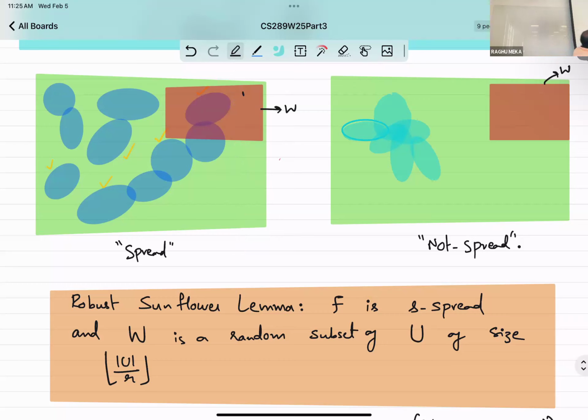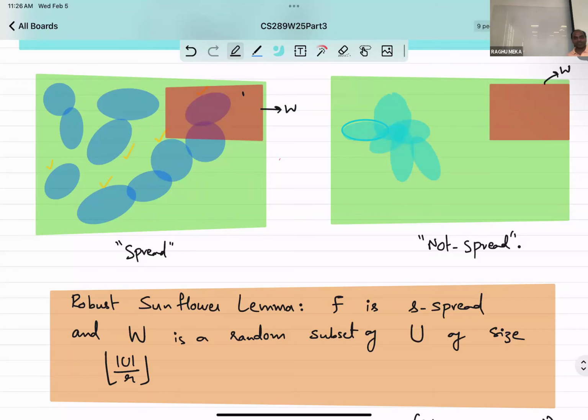Instead, in the spread case, if I take a random set, then there should be some chance that I actually hit one of these sets. But if all of the sets are very clustered, then I should be unlikely to hit a set in the family. Again, qualitatively, it makes sense. The fact that quantitatively you can get tight bounds is completely different.